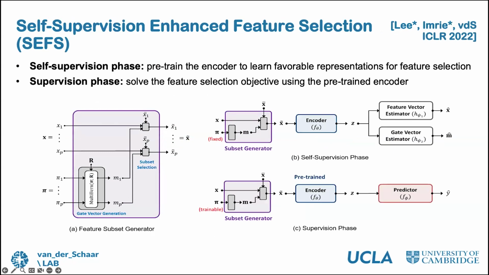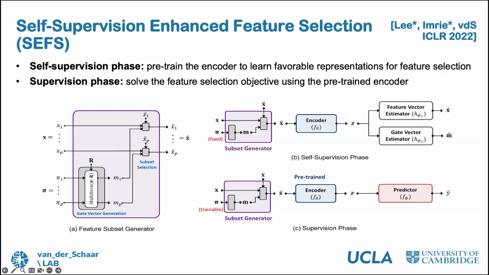So to address this, we proposed a novel feature selection method called CEFS, which is joint work between myself and a former PhD student from the lab, Chang-Hee Lee, as well as Professor Van der Schaar. And to enable more accurate discovery of new biomarkers, we use this two-stage approach for our method.